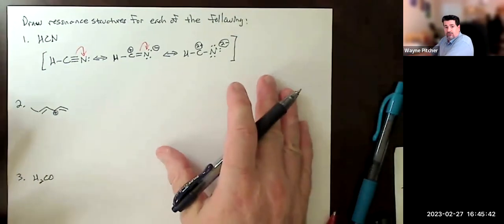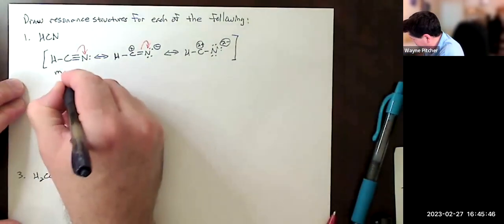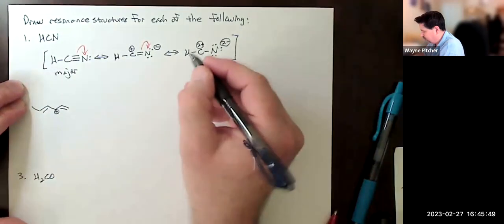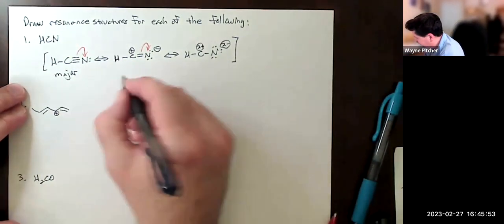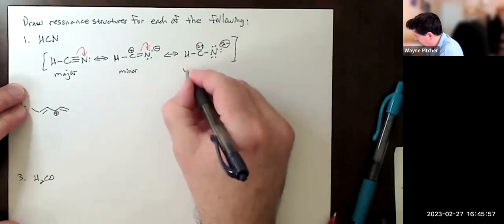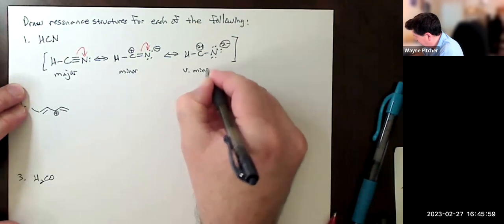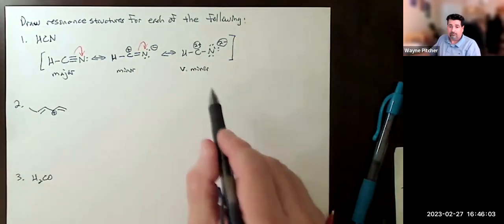So of these, the first one is going to be major because it has complete octets, no formal charges, no charge separation. The next one will be minor. And then the last one we would say is very minor.